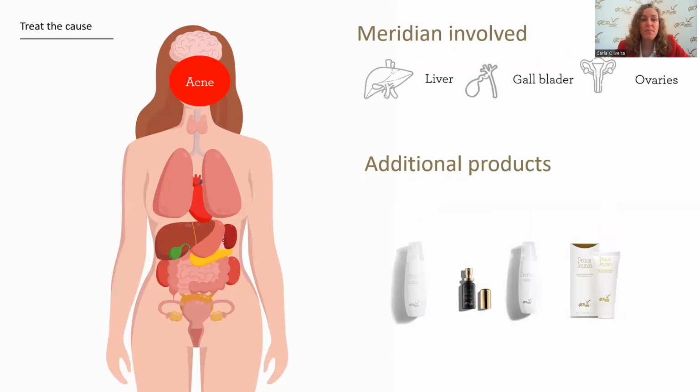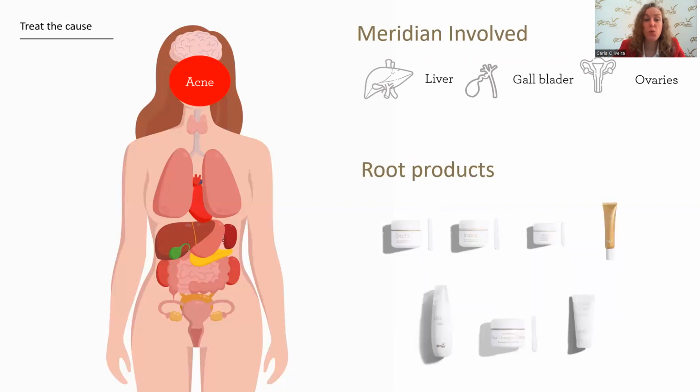With that said, let's see the global key treatment with the root products that we advise. So we are talking about Suncro, Immuno, Cetobi, and in this particular case, we are going to talk also about Sebogère, combination and oily skin cream, Octo, and Macro 2000.